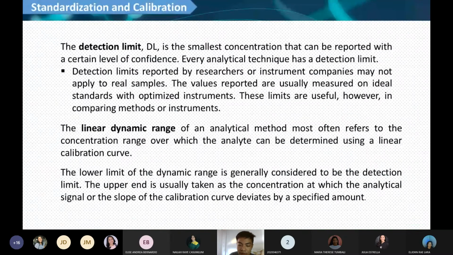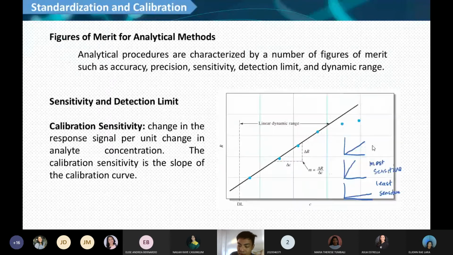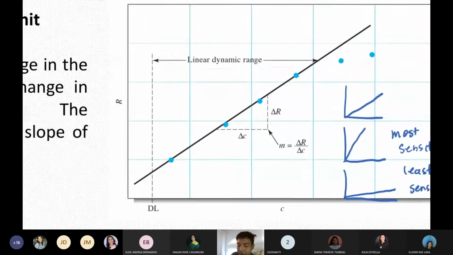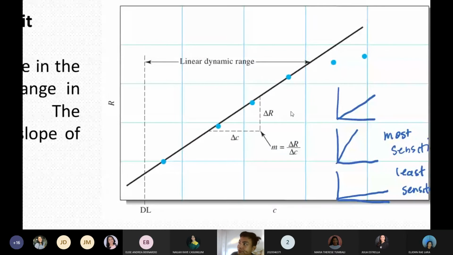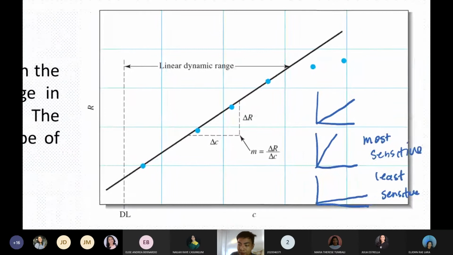Okay, so last one, the detection limit. Di ba, usually ito yung dynamic range natin. Ito yung pwede mo malaman yung accurate concentrations. Meron yung tinatawag na detection limit. The detection limit is the lowest concentration that can be read by your instrument.